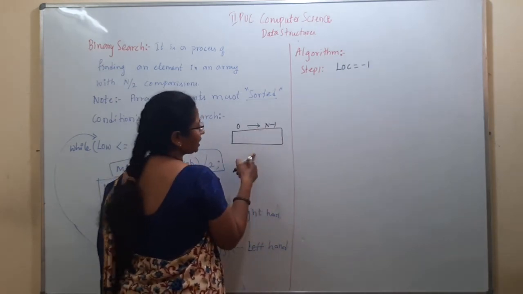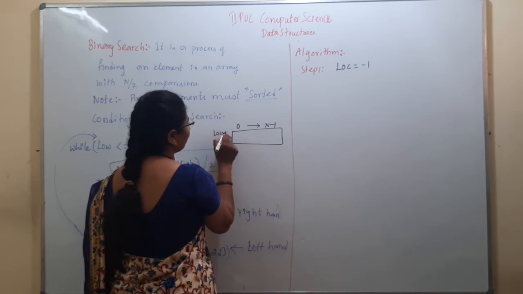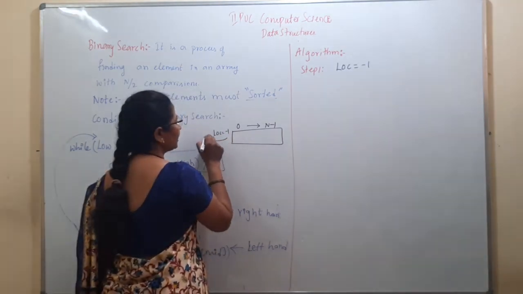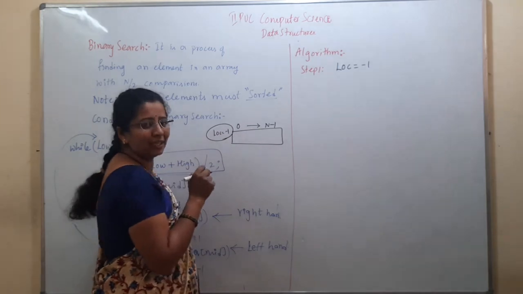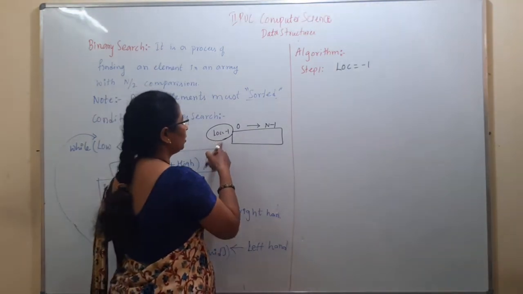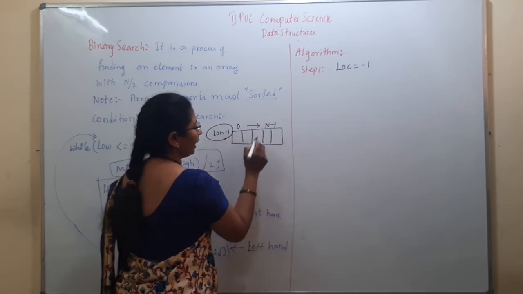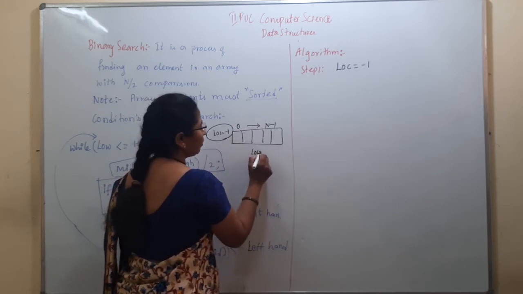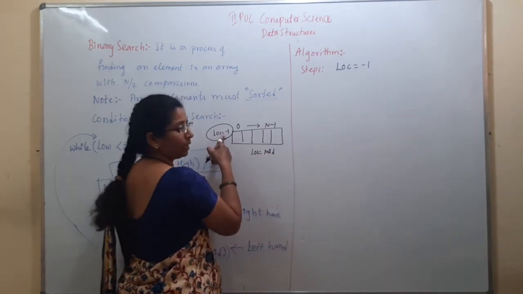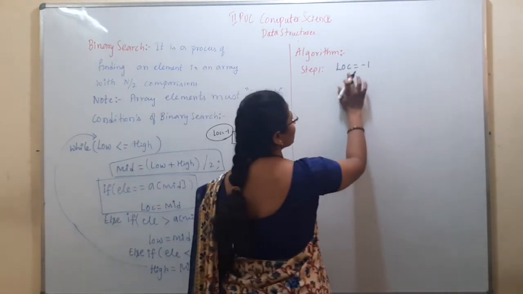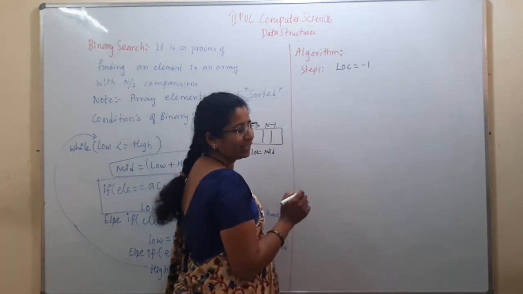If the element is not found, location remains minus 1. The same concept we applied in linear search. Here also, if the element is found it should be between 0 to n minus 1, and only then the value is changed to the mid value. Otherwise, it remains minus 1. Hence, location equal to minus 1.